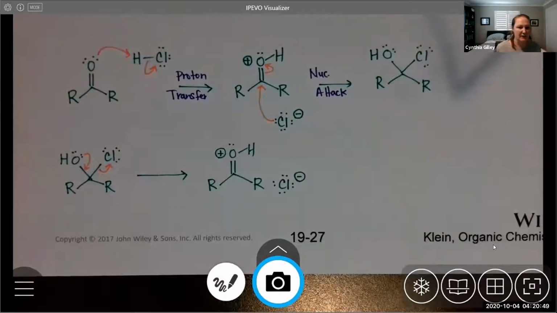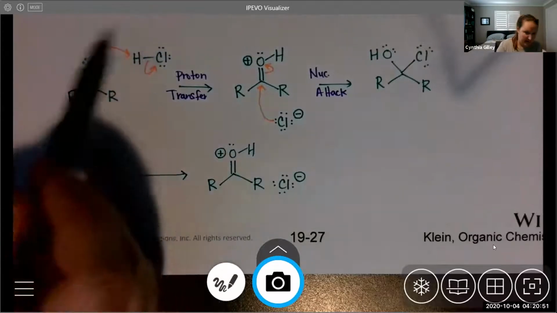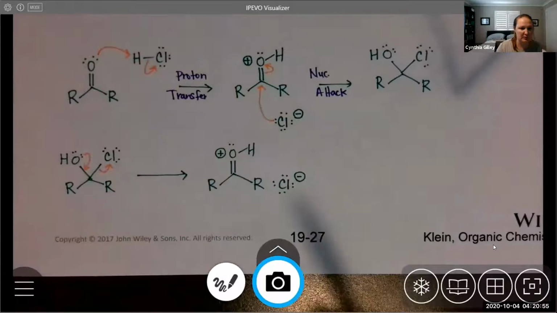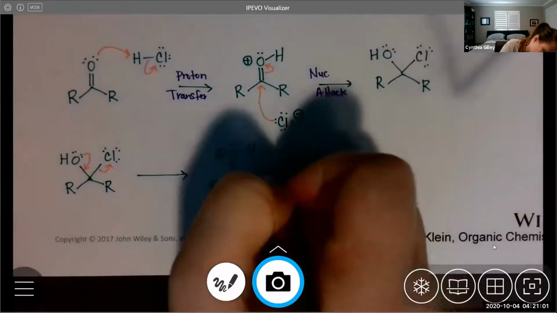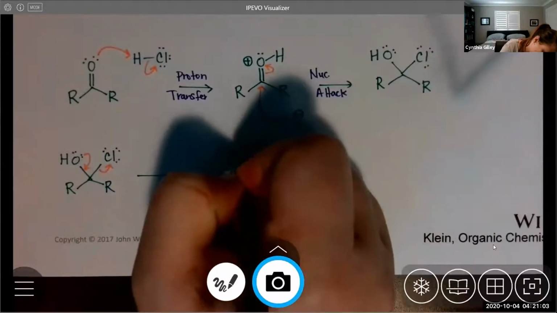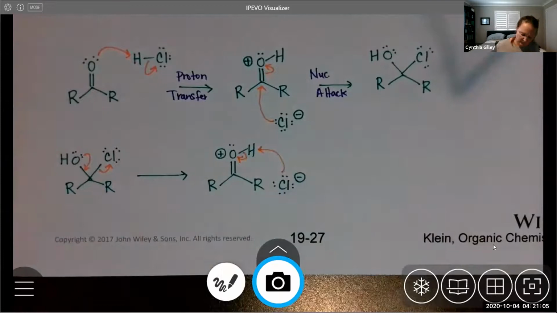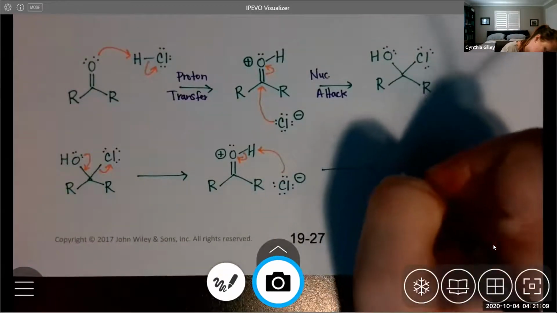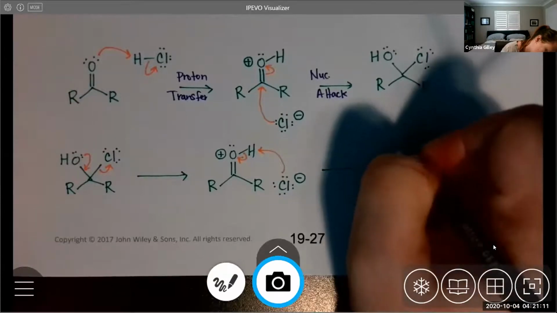Okay, and then from here, we're going to be, again, generating the two reactants in the forward direction, which are the products in the reverse direction. So we can do a proton transfer to get back to the ketone or aldehyde.